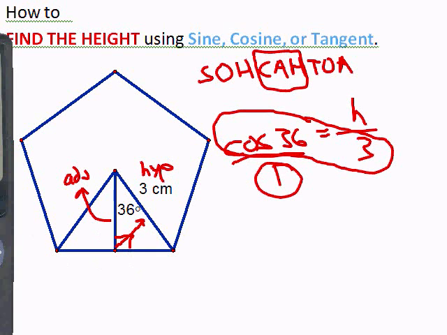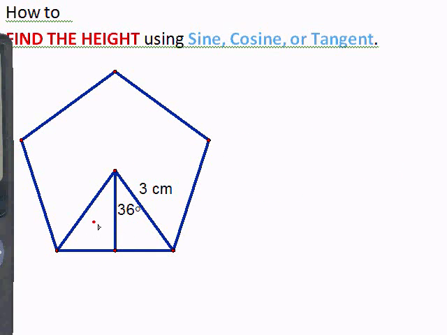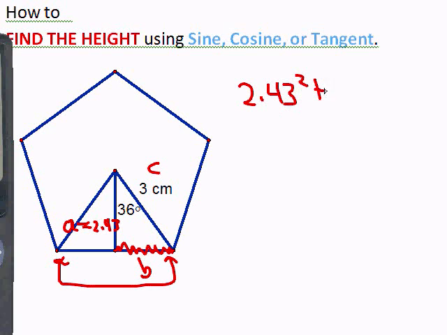So we found our height to be 2.43, and that leaves us with just having to find the base somehow. Now we can't find the whole base, but we can find part of it using the Pythagorean theorem. We can do a squared plus b squared equals c squared, this being a, this being b, and this being c. So 2.43 squared plus b squared, which we don't know, is equal to 3 squared.